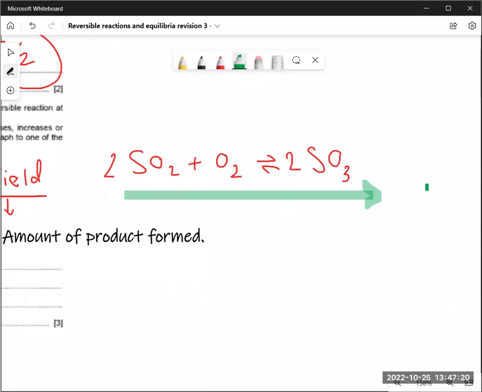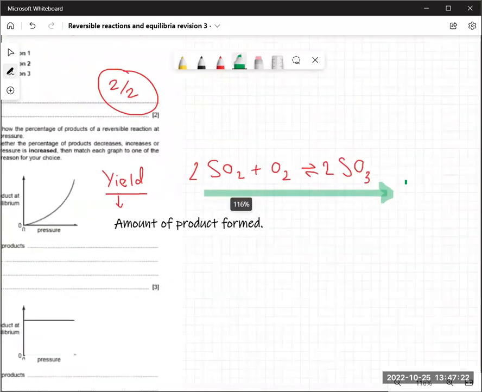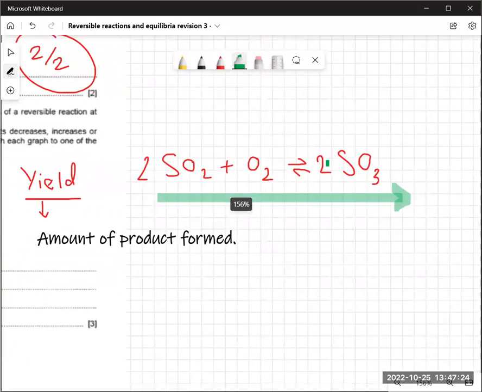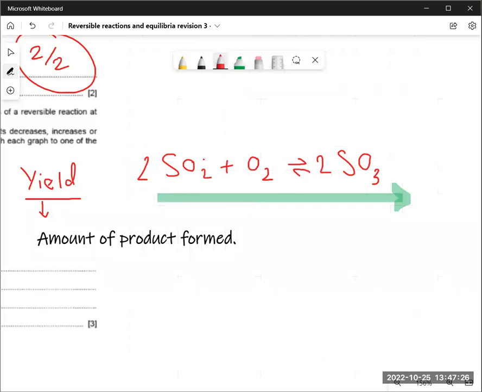If equilibrium goes forward, this is decreasing, because what's happening is these are turning into this. So this will go up and this will go down. Does that make sense? Going forward means that more of this will become this. Is that clear?